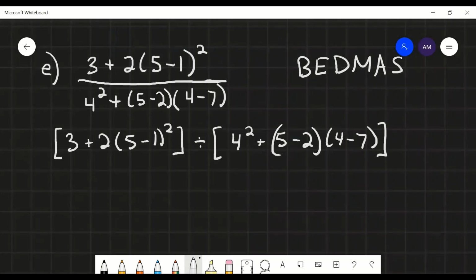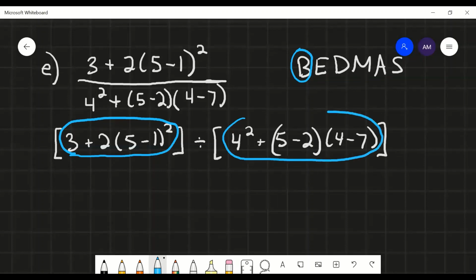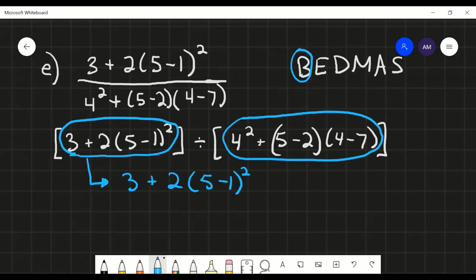So B is for brackets. We have to solve all of this first and all of this before we can continue. So 3 plus 2 times (5 minus 1) squared.